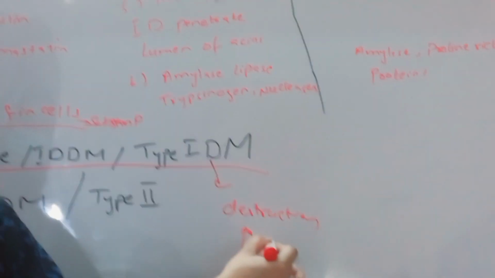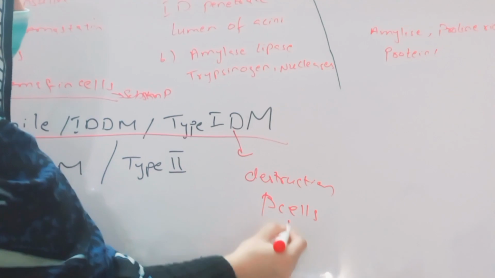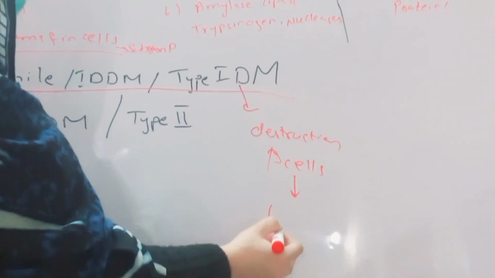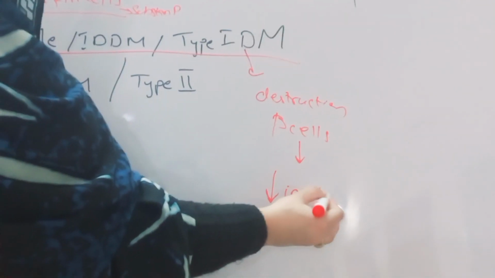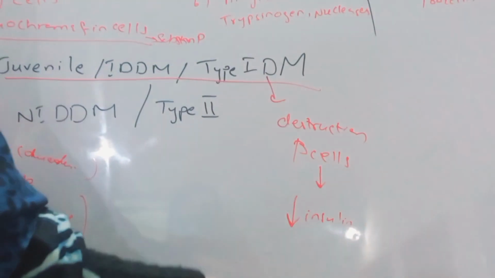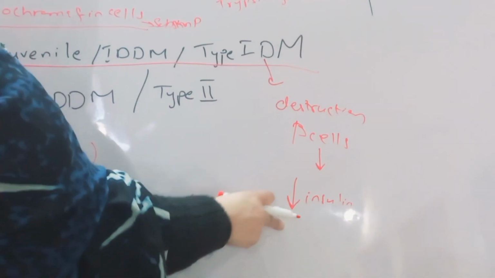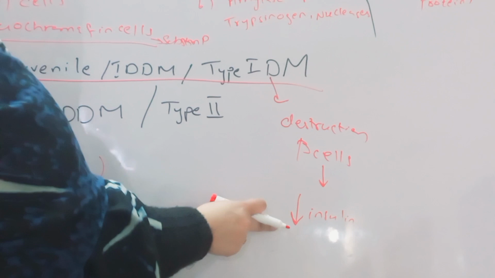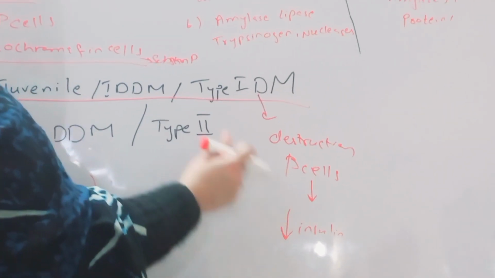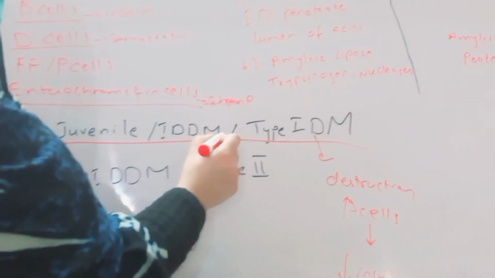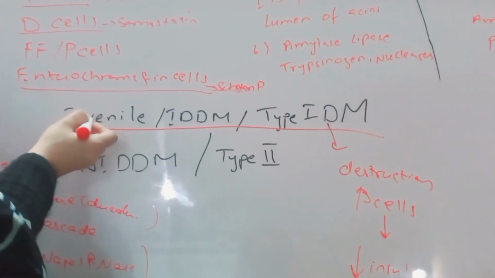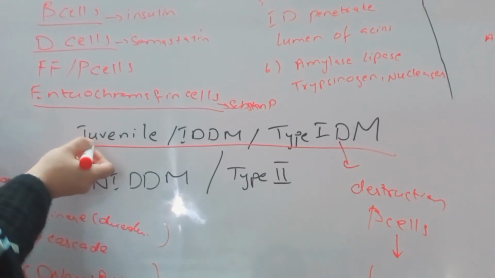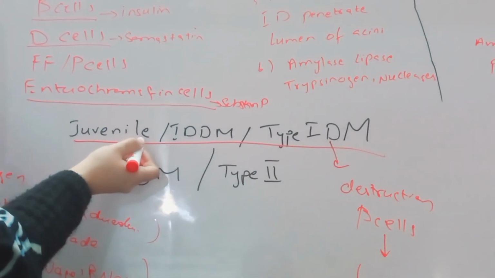When the destruction of beta cells happens, there will be decreased insulin production. So we have to give insulin to maintain the glucose level in the body. So it is known as insulin dependent diabetes mellitus, and this is in the young, that is why it is known as juvenile type of diabetes mellitus.